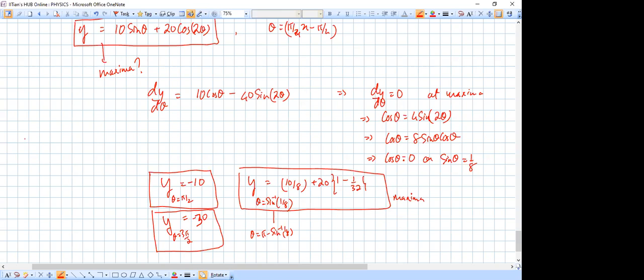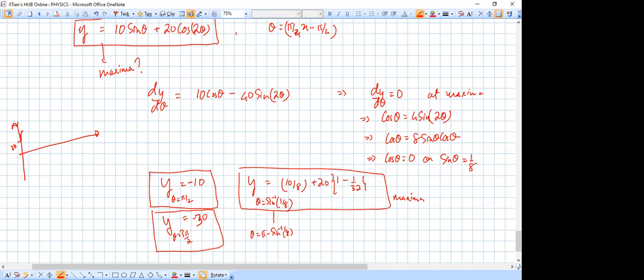So your graph will be, that this is a number that will be beyond 20. So it's starting from 20, it goes up to a maxima.